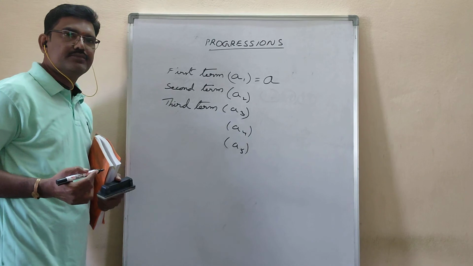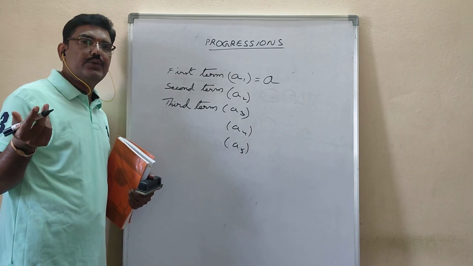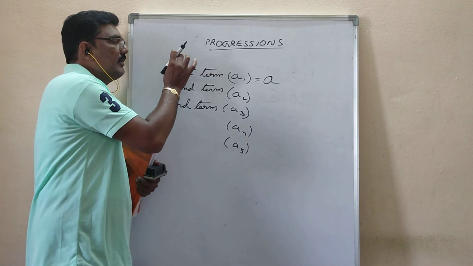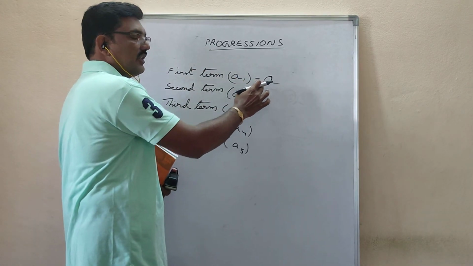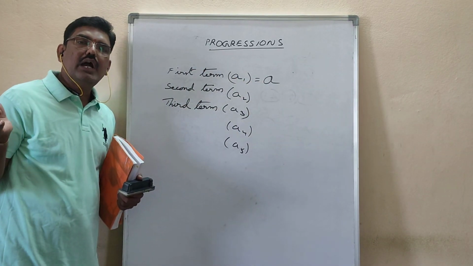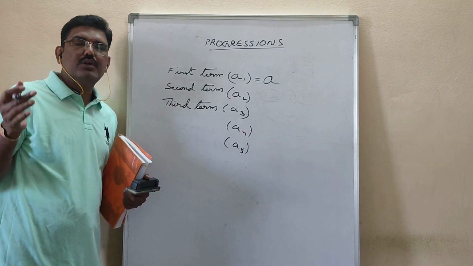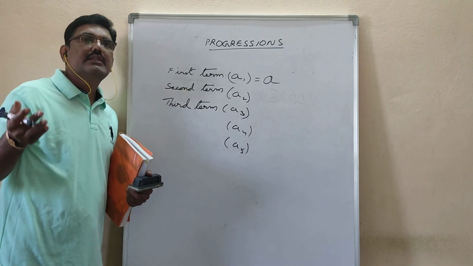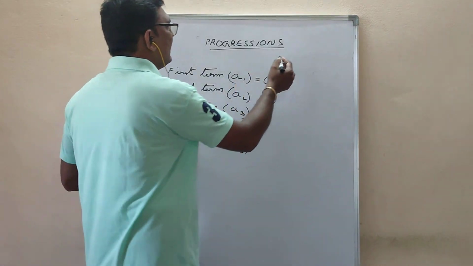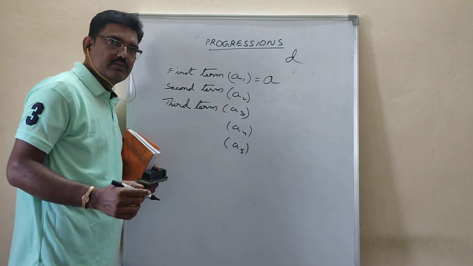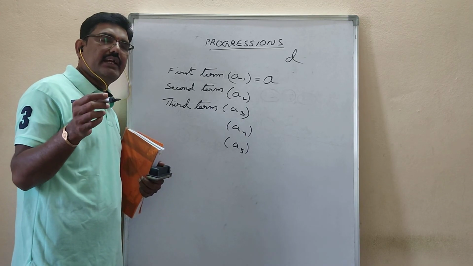So what I said to you, arithmetic progression means you have to take the first term and either do addition of a fixed number or subtraction of a fixed number. That fixed number you are taking as d.